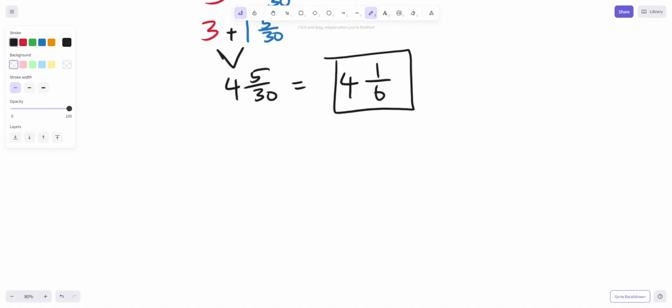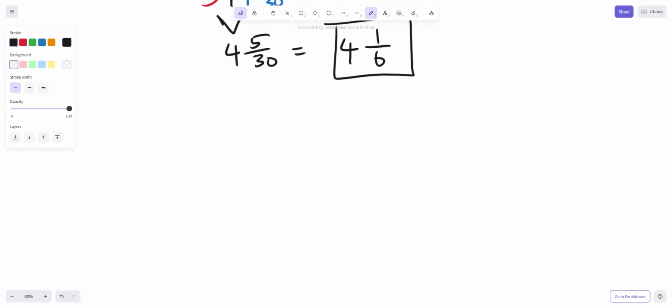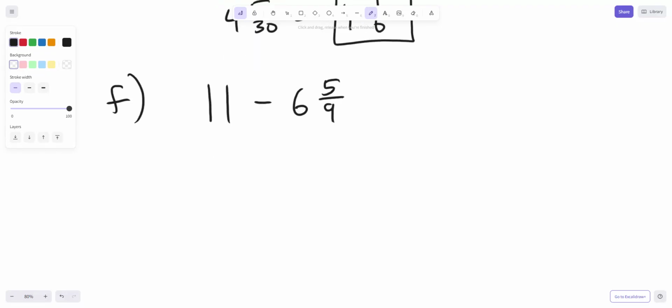All right, and one more, A, B, C, D, E, F. Just a whole number by itself, 11 minus 6 and 5/9. I like to imagine this as 11 and 0/9 minus 6 and 5/9, right?